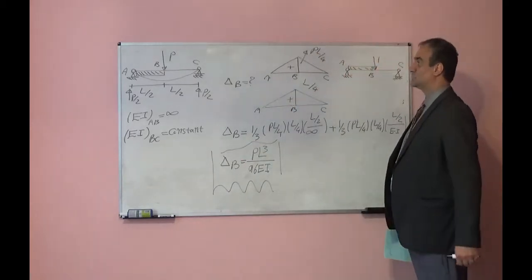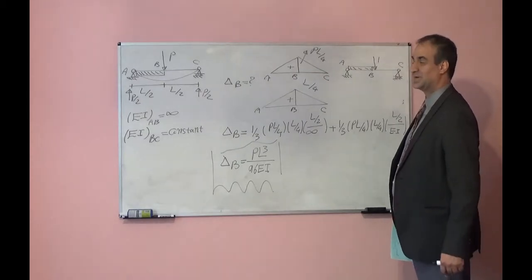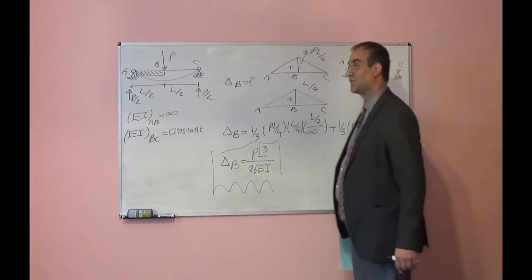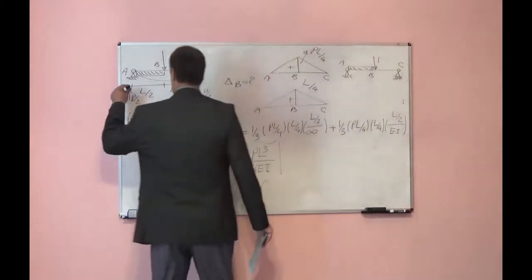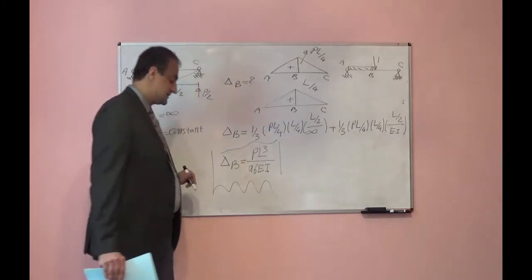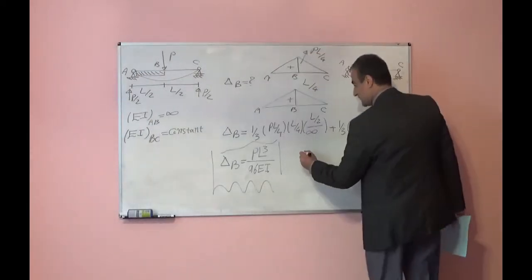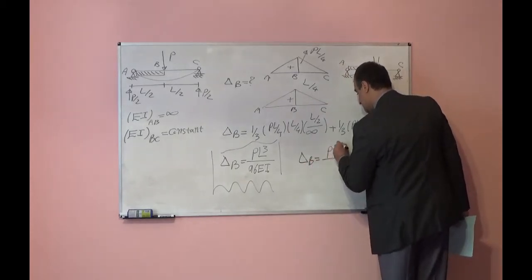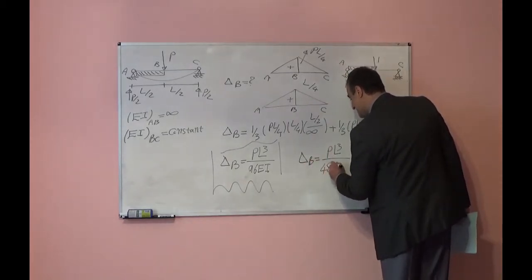If both sides can deform, if EI for the entire beam is constant, if you remember, the deflection for a simply supported beam was PL cubed over 48 EI.